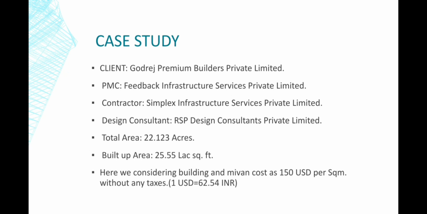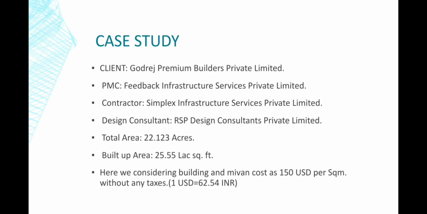Now, we will discuss the case study. The case study is based on the construction of a building by Maivan Technology at the Godrej Housing Project for Simplex at Gurgaon, India. The client is Godrej Premium Builders Private Limited and PMC Feedback Infrastructure Services Private Limited, the contractor is Simplex Infrastructure Services Private Limited, and the design consultant is RSP Design Consultants Private Limited.